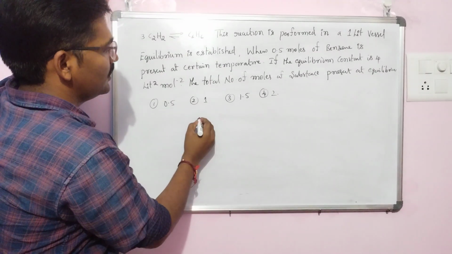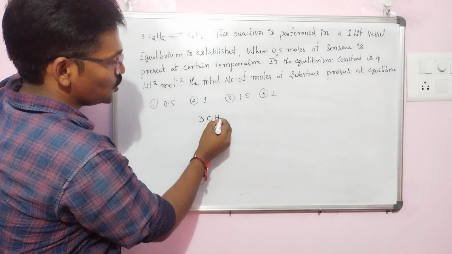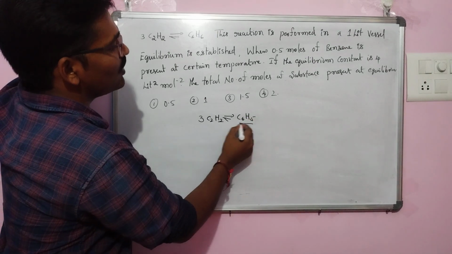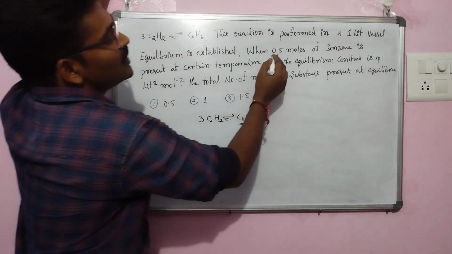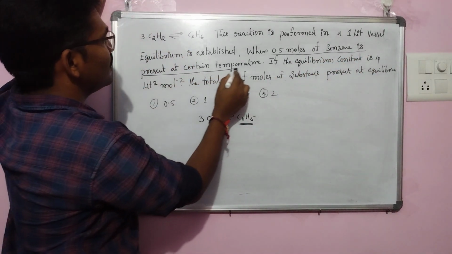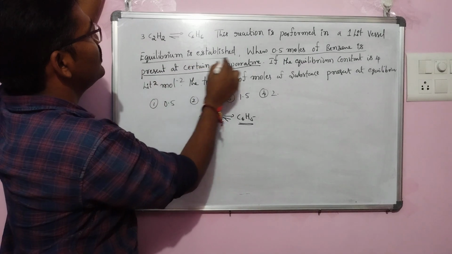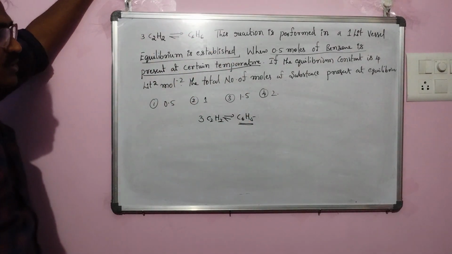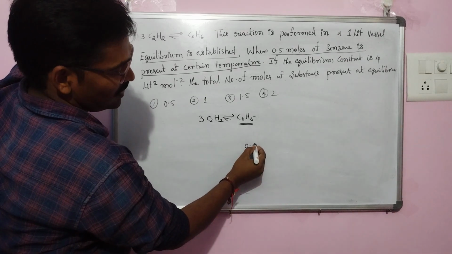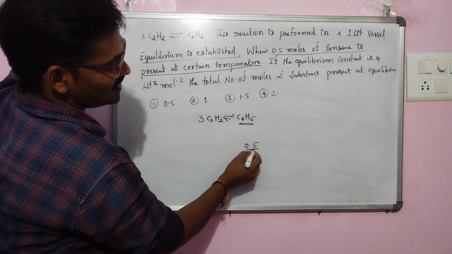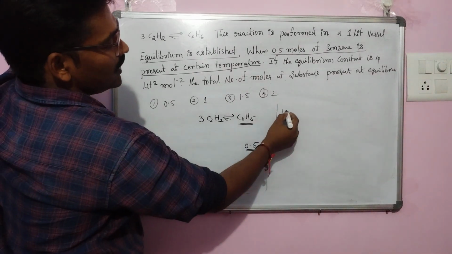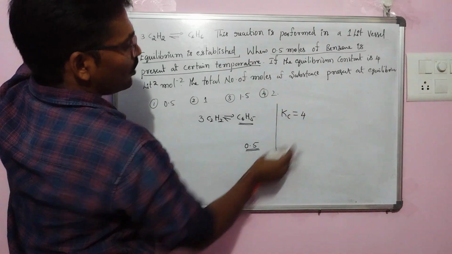Look carefully. 3 moles of C2H2, acetylene, are converted into benzene, C6H6. They have mentioned that when 0.5 moles of benzene is present at a certain temperature, equilibrium is established. So at equilibrium benzene is 0.5 moles. One more thing, the equilibrium constant is also given, that is 4.